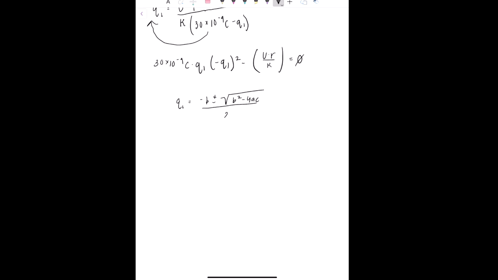I'm going to label the negative Q1 squared as A, the 30 times 10 to the negative 9 coulombs times Q1 as B, and the U times R over K as C, which we will plug into the quadratic equation. So plugging everything in, we will get the following.